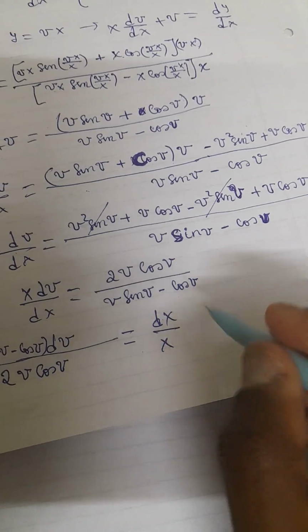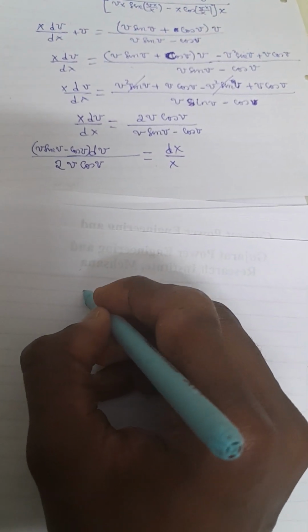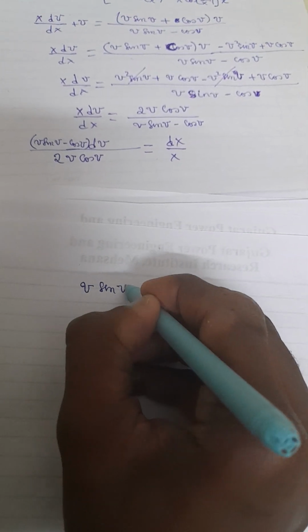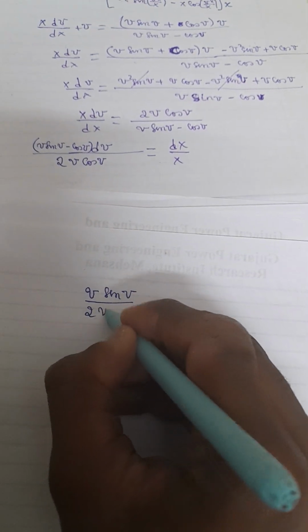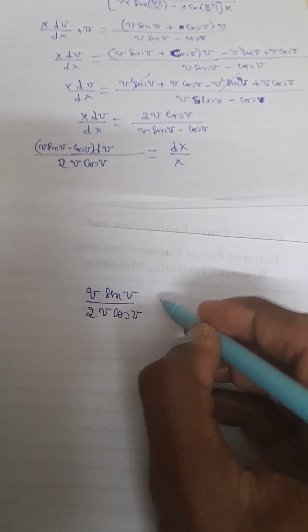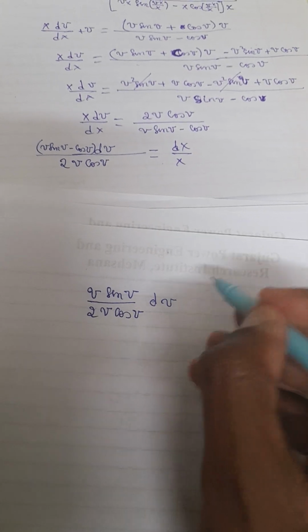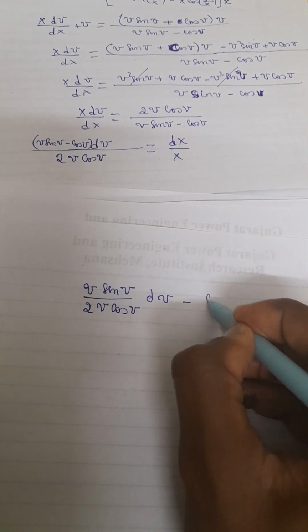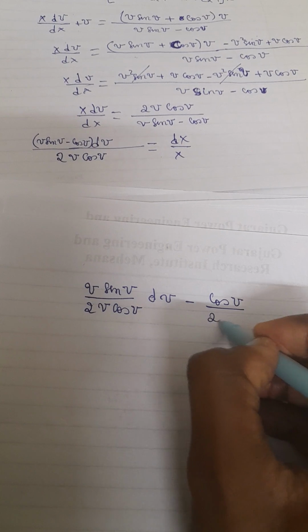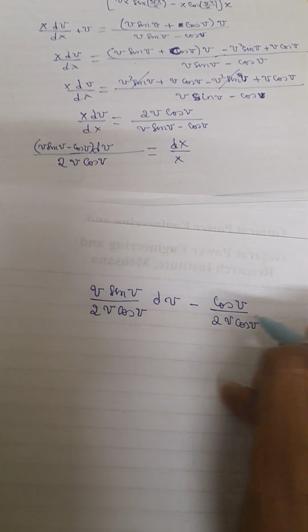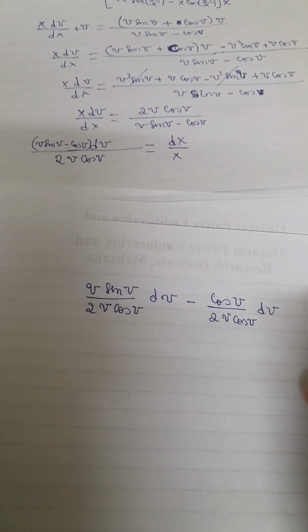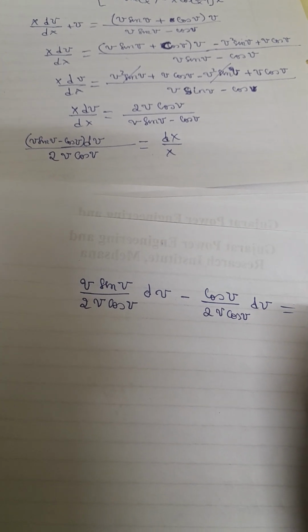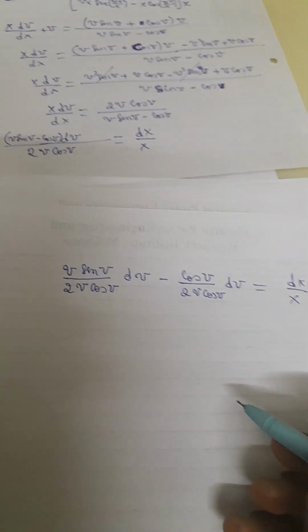Now you can separate this as v sine of v upon 2v cos of v dv, then minus cos of v upon 2v cos of v dv. This is equal to dx upon x.